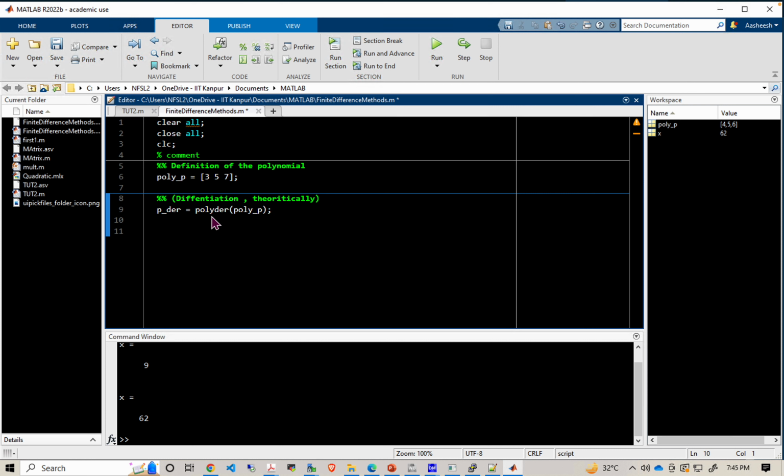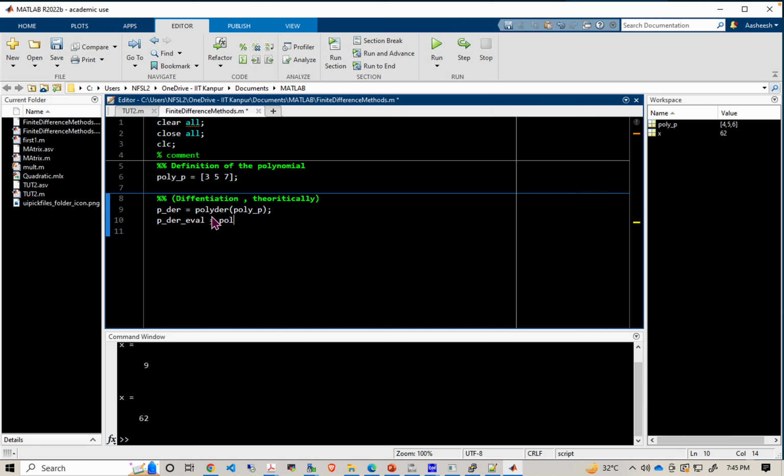Then we need to find the value of that function at x equal to 0. So p underscore derivative at x is equal to 0.